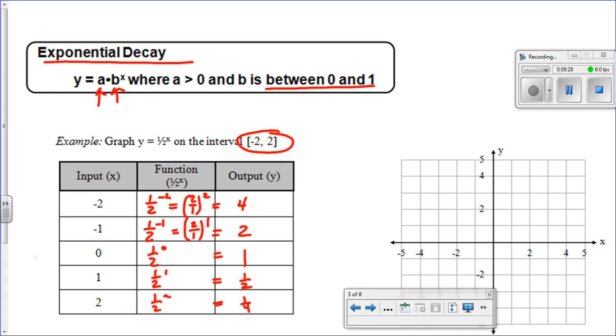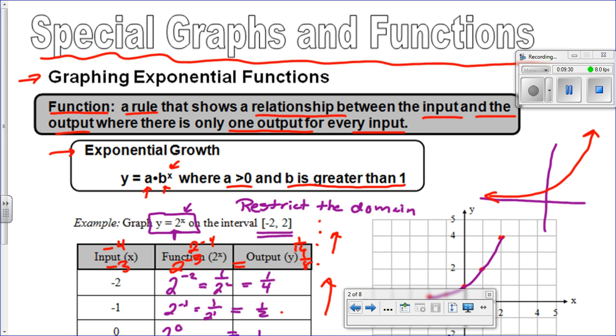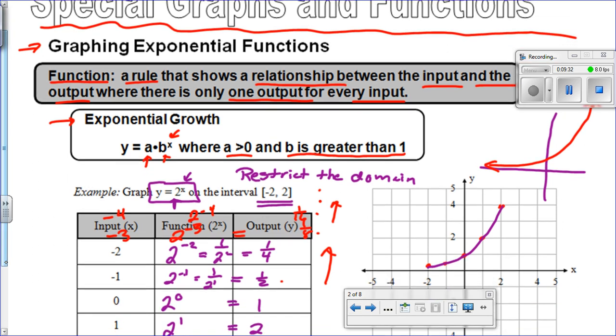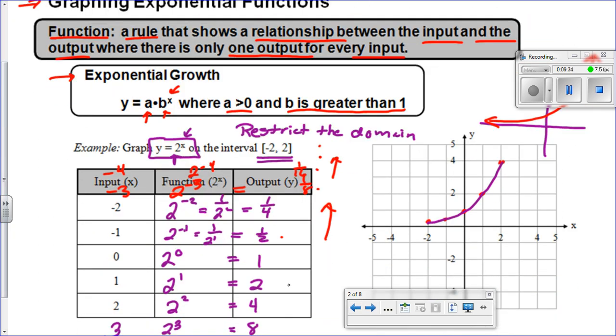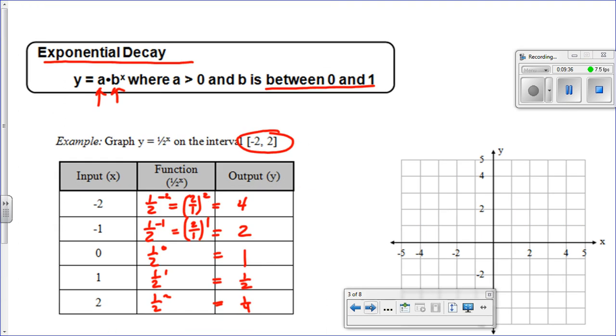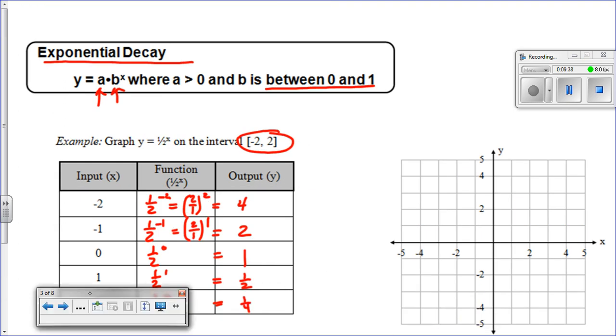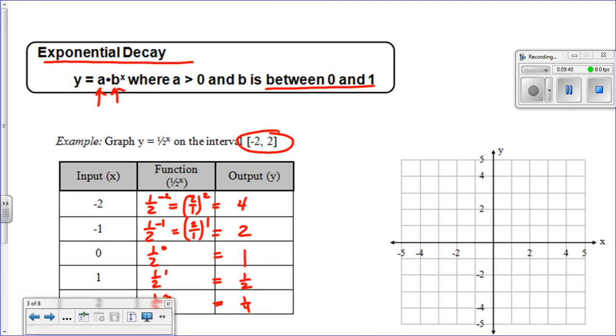You will notice between this and the graph that we just did, it's going to be the reverse. So if you notice, the values for your output are actually just reversed. Okay? So if I graph this, negative 2 has an output of 4, negative 1 has an output of 2, 0 has an output of 1, 1 has an output of 1/2, and then this would be 1/4, and so on.